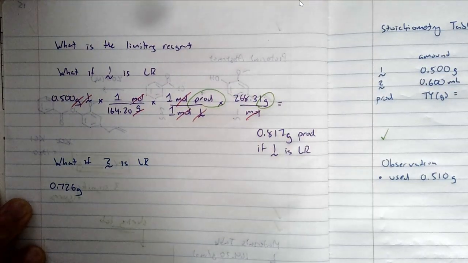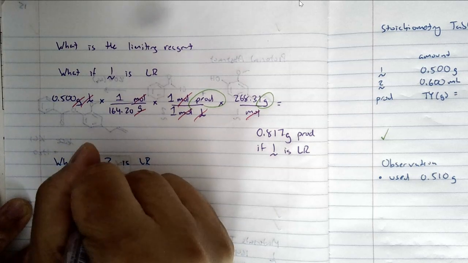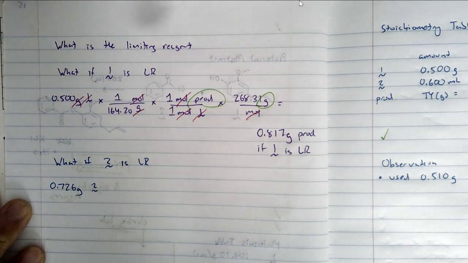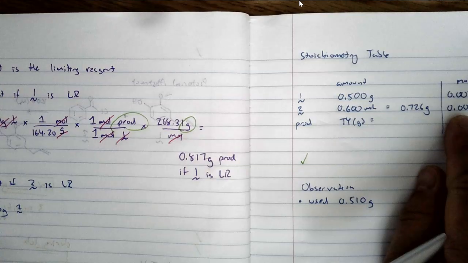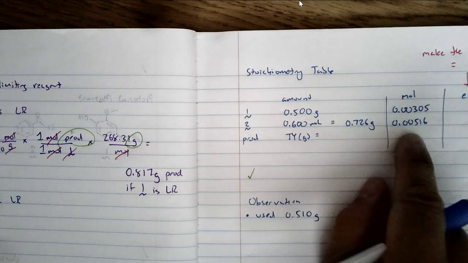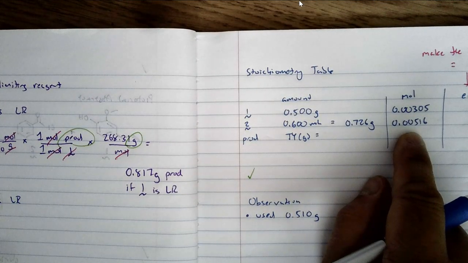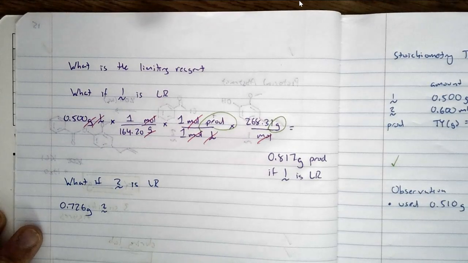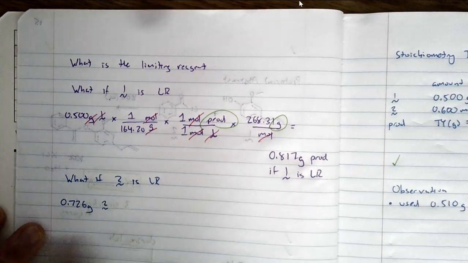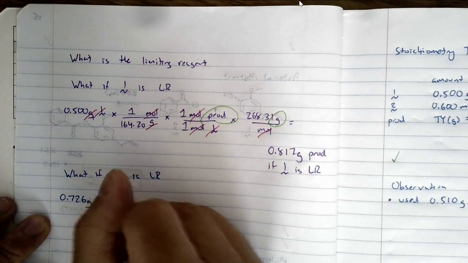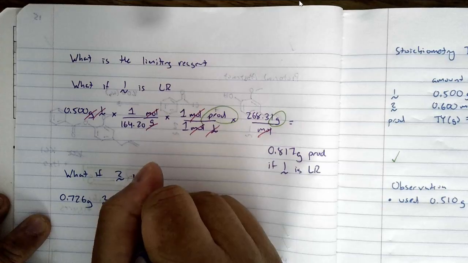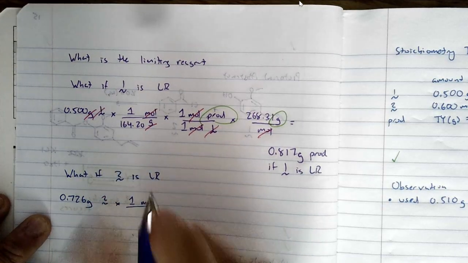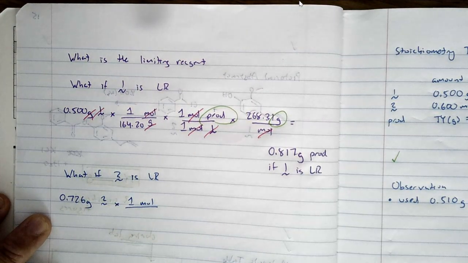I know what a lot of you are thinking right now. I think a lot of you are saying, hey, we already figured out moles of 2 that was used. Can we start there? Yes, you can start there. I choose not to. I usually like to start with the amounts. But yeah, technically, you are figuring out moles of 2 anyway. But I want to do this again from scratch.